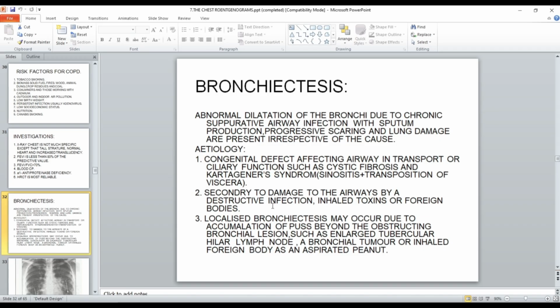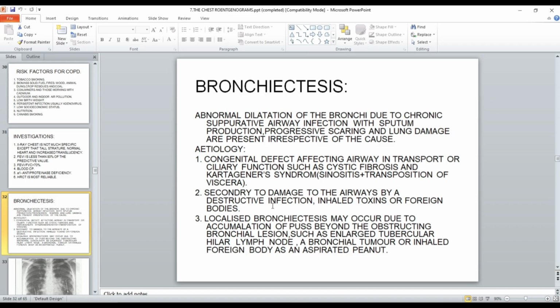Etiology: first, congenital defects affecting airway and transport or ciliary function, such as cystic fibrosis and Kartagener syndrome, that is sinusitis plus transposition of the viscera. Second, damage to the airways by a destructive infection, inhaled toxins, or foreign bodies.